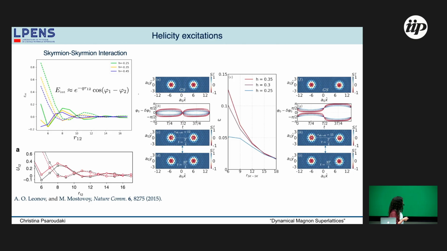So what is the cost of energy to excite the skyrmion helicity, depending on the distance of the two skyrmions? If they have a fixed distance, for example, I think here it's 12 in this example, then the two skyrmions start initially with the same helicity.